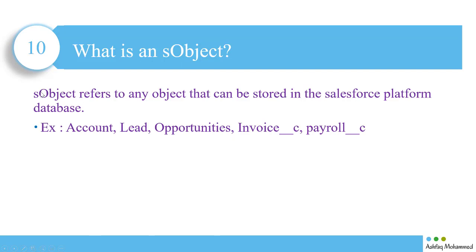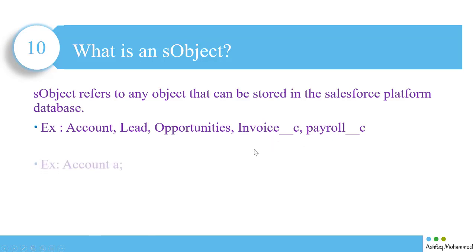If you're coming from a different programming background or some other technology, an object in Salesforce is nothing but a table. For example, Account is an object, Lead is an object, Opportunity is an object, Invoice is an object. By the way, whichever has __c are custom objects, meaning the objects which we have created, and Payroll__c is the payroll object which we have created. Basically all these are sObjects.